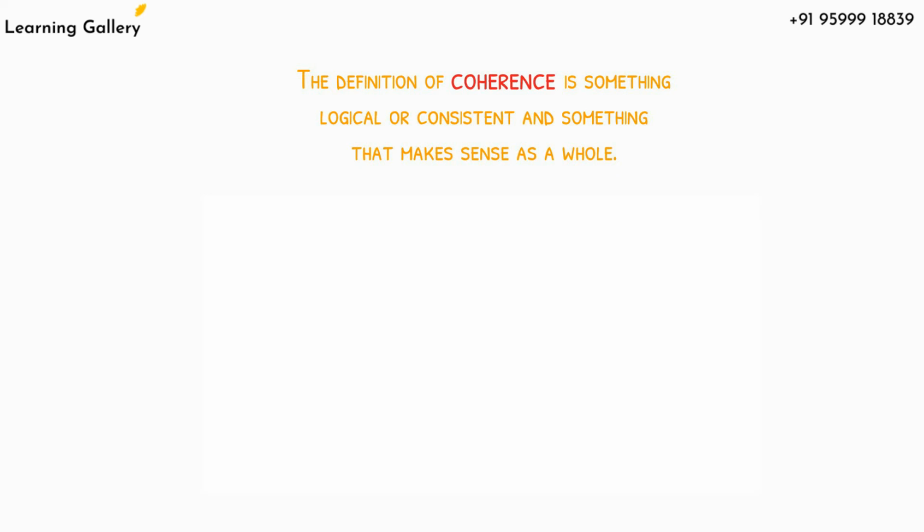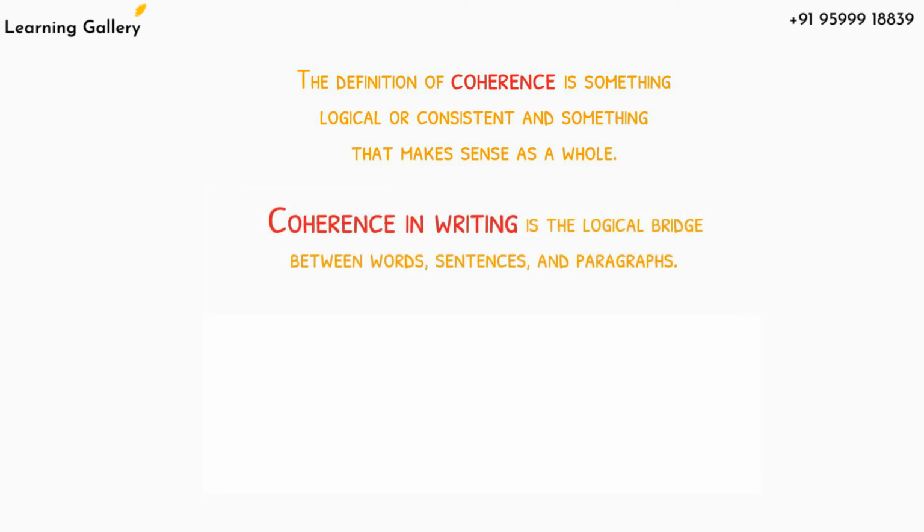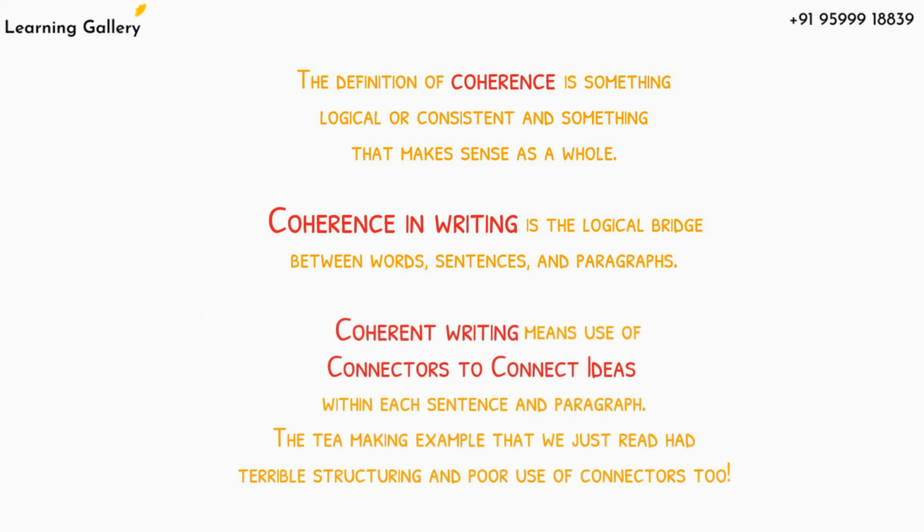The definition of coherence is something logical or consistent and something that makes sense as a whole. Coherence in writing is the logical bridge between words, sentences, and paragraphs. Coherent writing means use of connectors to connect ideas within each sentence and paragraph.